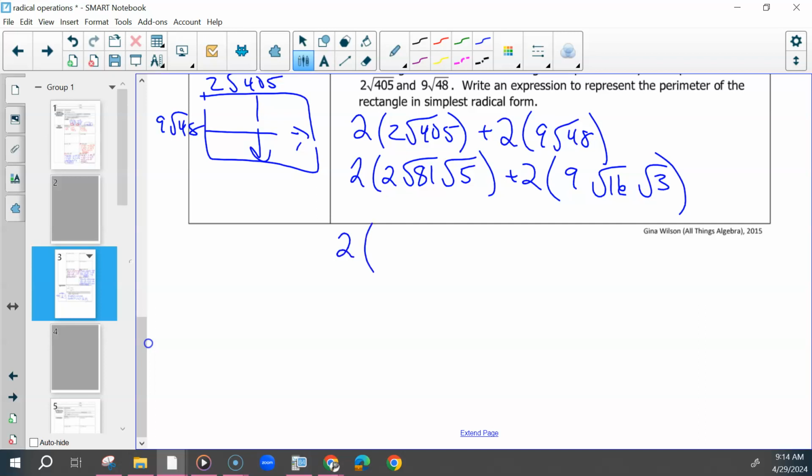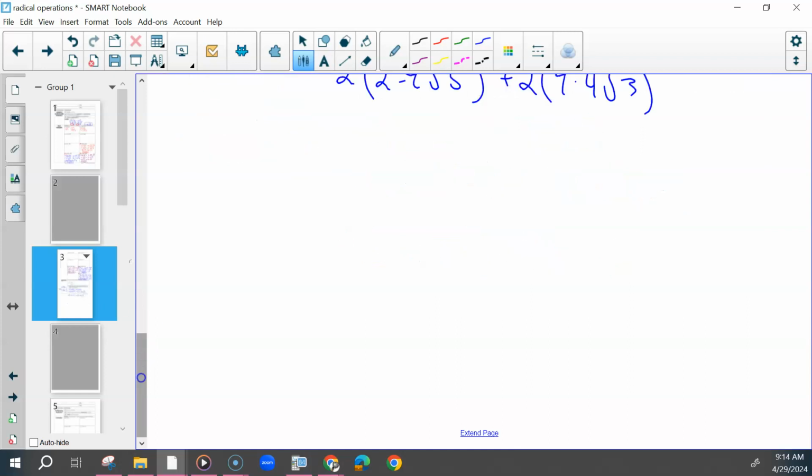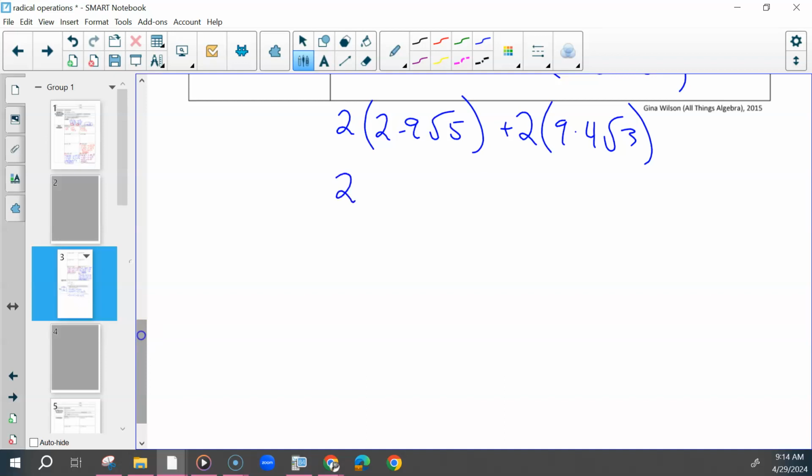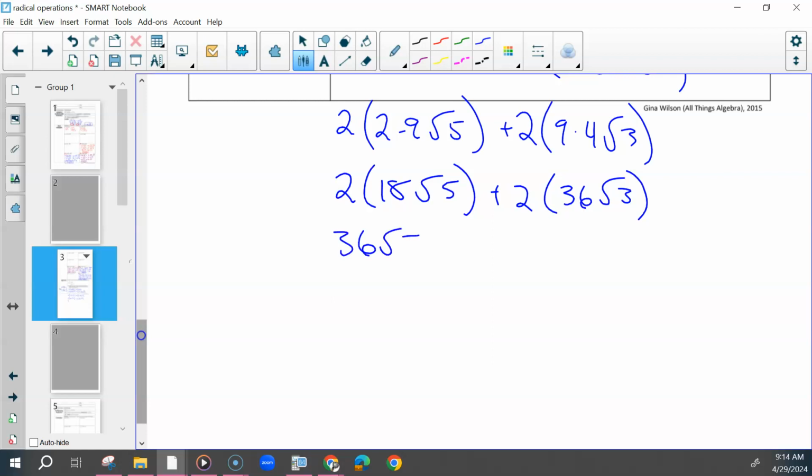So we have 2 on the outside times our 2 times 9 root 5 plus 2 on the outside times 9 times 4 times root 3. So we have 18 inside, and then 36 inside, and then 36 root 5, and 72 root 3.